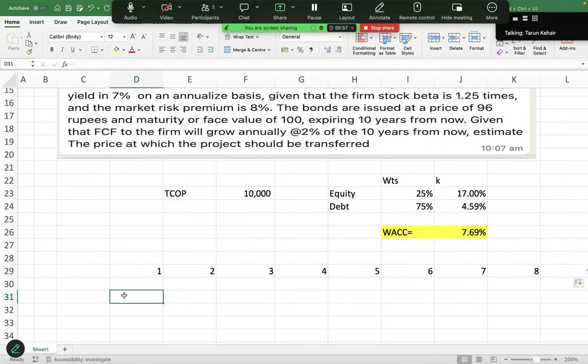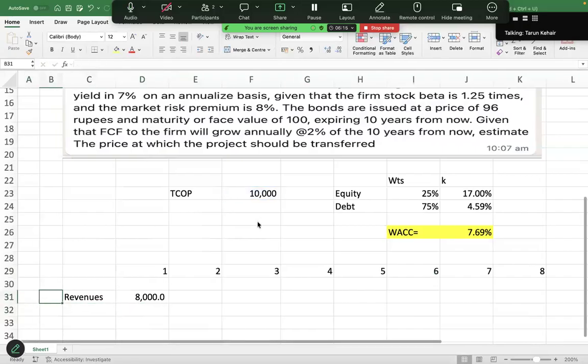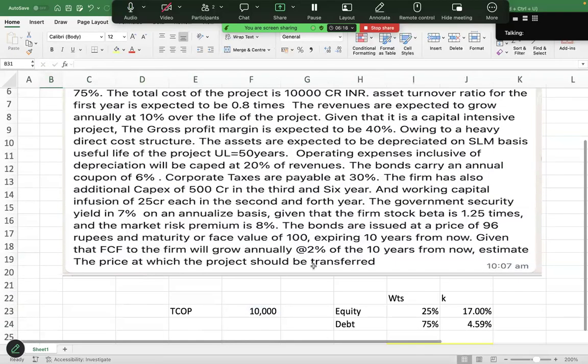And assets into asset turnover ratio will give you your revenue, which is 10,000 into 0.8. तो आपकी रेवेन्यूज कितनी हो गए पहले साल की? 8,000. What is the revenue growth rate?